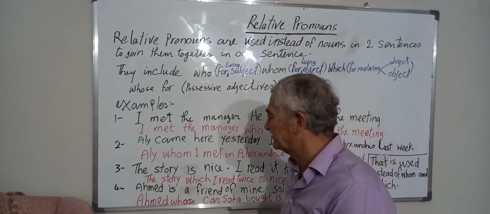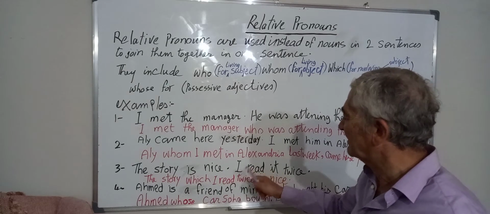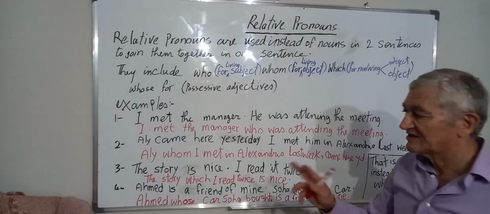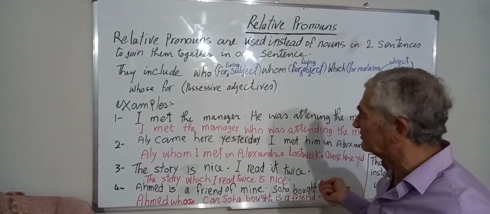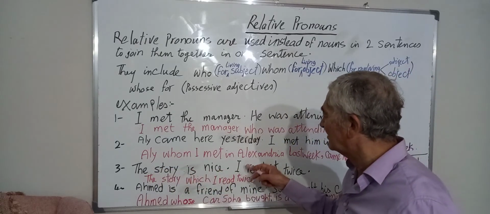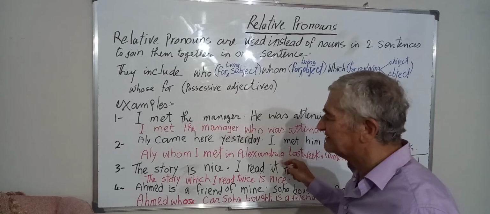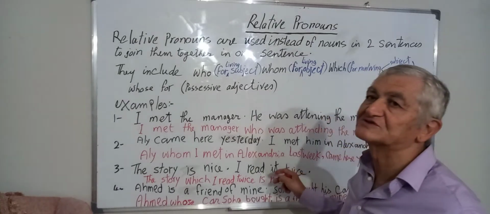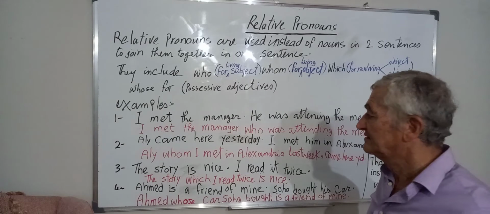Third example. The story is nice. I read it twice. What is the repeated noun or pronoun? The story is nice. I read it. So it is the repeated pronoun. It refers to the story. Okay?